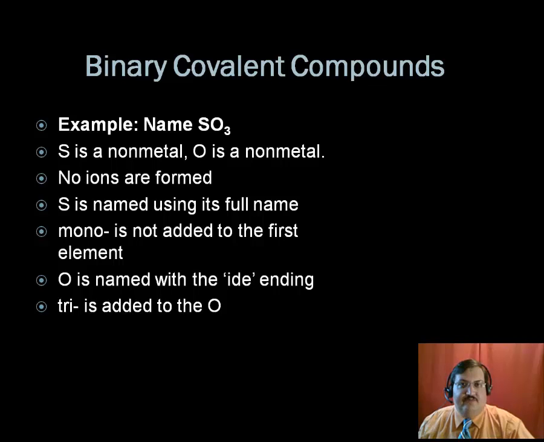O is named for the root followed by IDE, so oxygen becomes oxide. Tri is added to the oxygen because there are 3 of them. So we get sulfur trioxide. The S represents the sulfur, the oxygen is represented by oxide, and the 3 is represented by the tri.